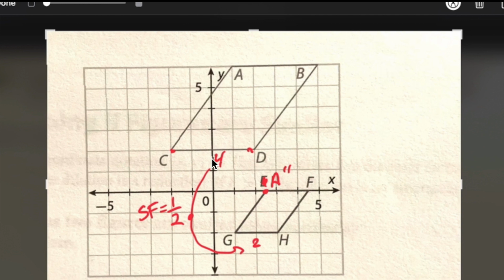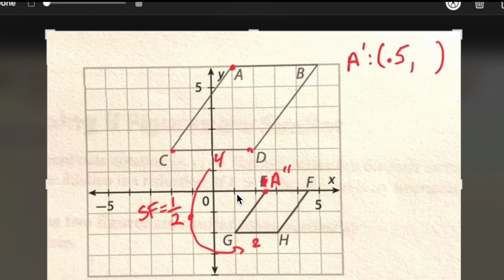So I'm going to take the original A coordinates, and in order to find A prime, which is the intermediate figure, I'm going to just multiply the x and y coordinates by the scale factor, which in this case is 1/2. So our original x coordinate is +1. So our new x coordinate is going to be 0.5.